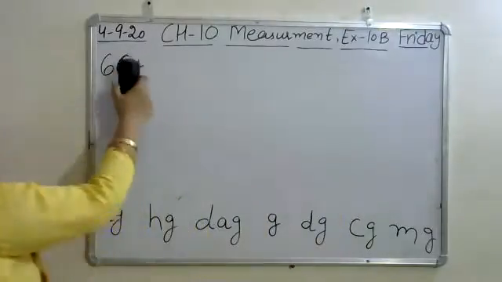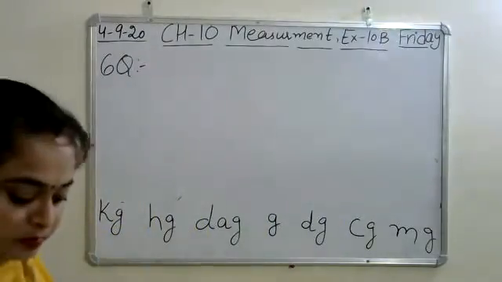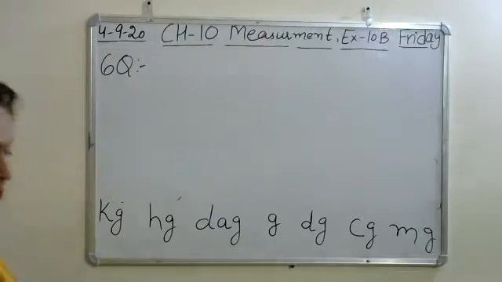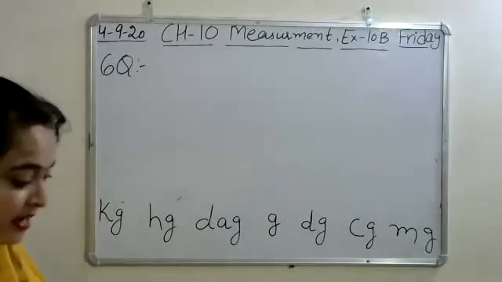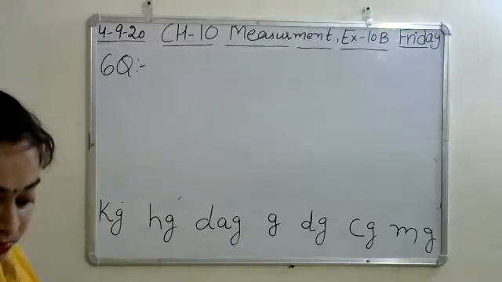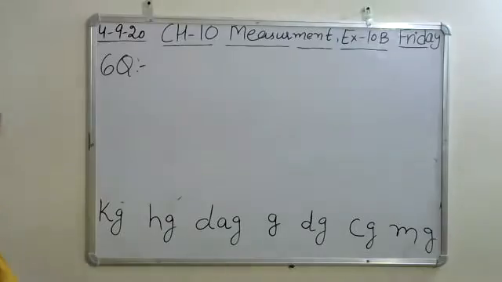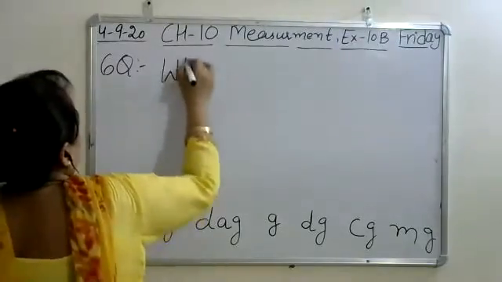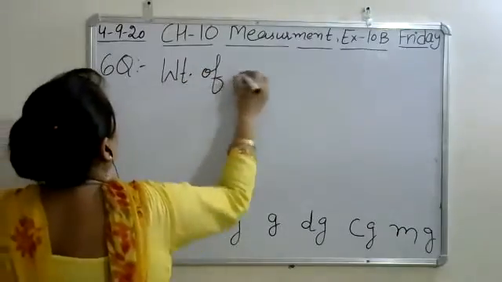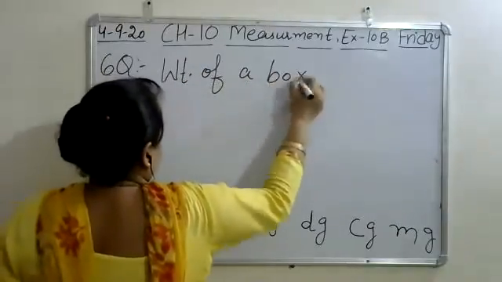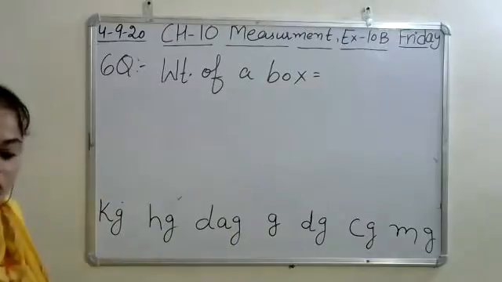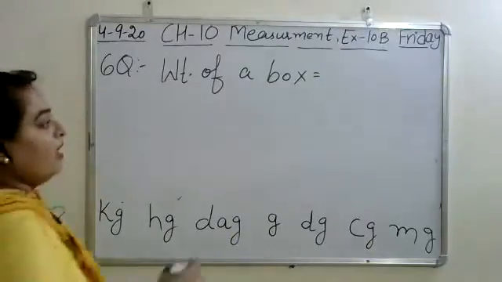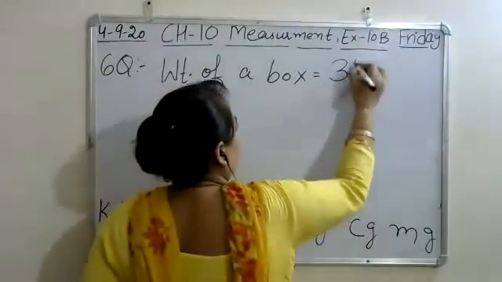Now tell me, how can we start? What will you write? A box of chocolate weighs. You will write here weight of a box is equal to 343 gram.